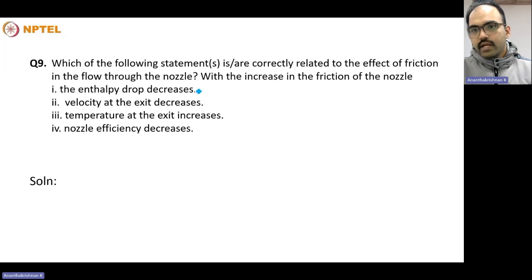So we ideally require higher velocity before it reaches the turbine. So enthalpy drop decreases, yes, because the velocity at the exit decreases, yes.